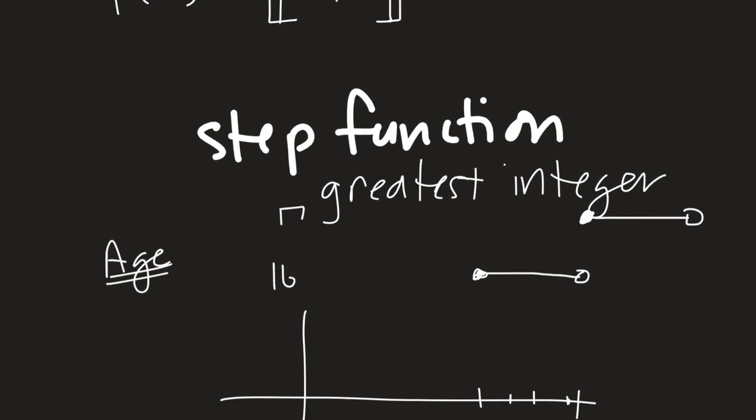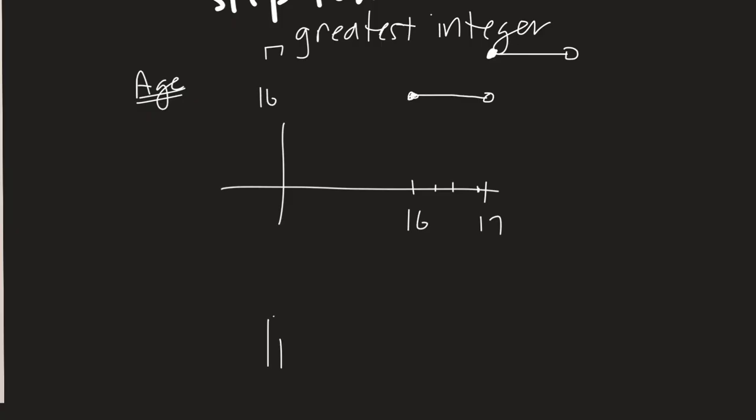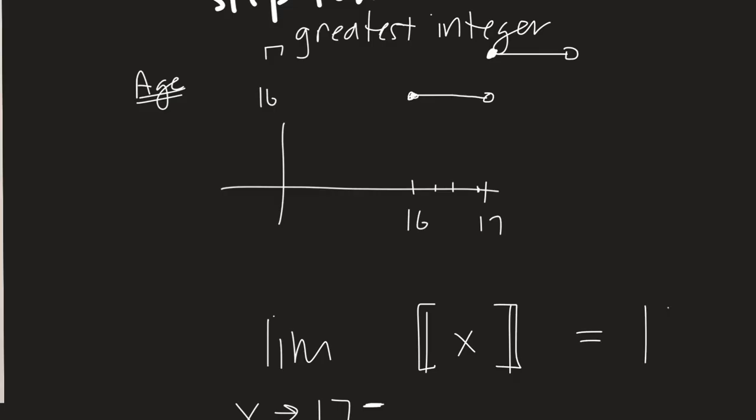So what if we were looking at the limit of a step function? The limit as x approaches 17 of our step function, the greatest integer function of x. As x approaches 17 from the left, so as you're going towards your 17th birthday, what age do you call yourself? 16. You call yourself 16.